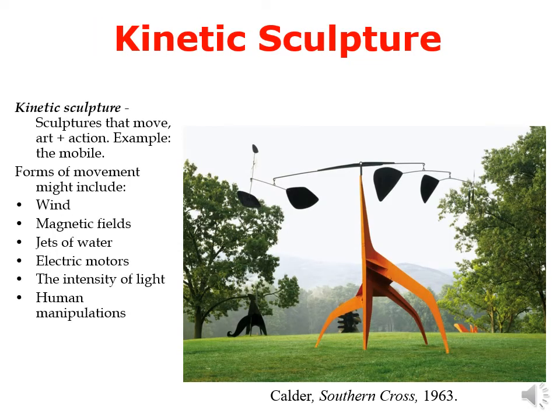Kinetic sculptures, sculptures that have some type of movement. So in this case, we got the Anthony Calder with one of his mobiles. So it's out there in a park, and as the wind blows, it sort of brings these things to life. So there's like Calder using wind.